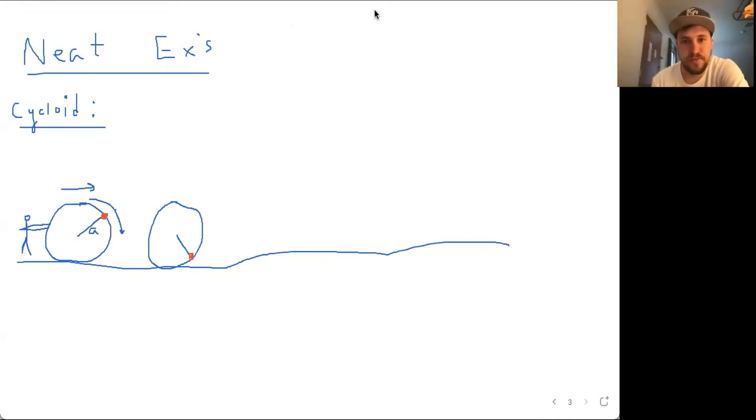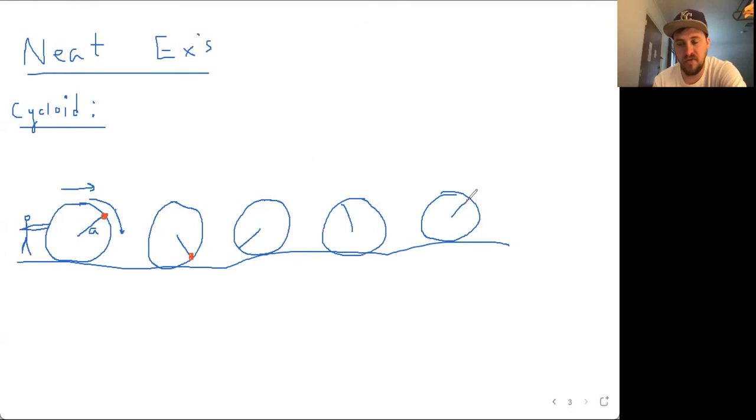And so if we kept observing, what would happen? We would see the wheel goes like this, it would come back up, and you can start to get the picture, and eventually it would make one full rotation, right? But again, what we want to do is focus on the path that a fixed point of this wheel took as it spun.